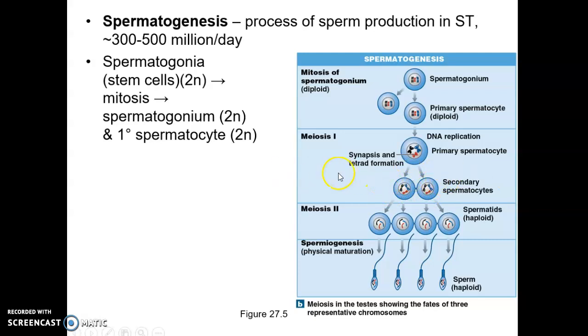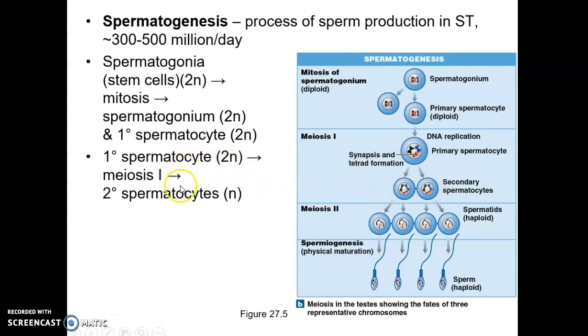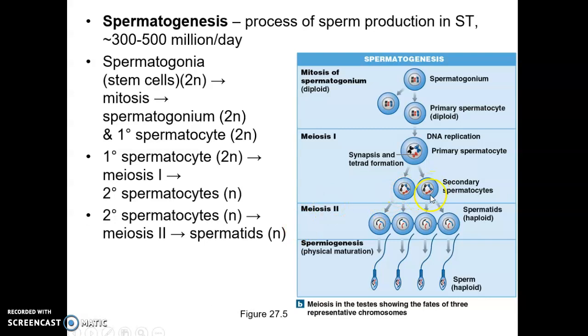And notice that the secondary spermatocytes after this first meiosis division are haploid, in the sense that half of the chromosome number has occurred, or they have dropped their chromosome numbers by half, so 46 chromosomes to 23. Then the secondary spermatocytes undergo a second round of cell division to form the spermatids, which are still haploid.